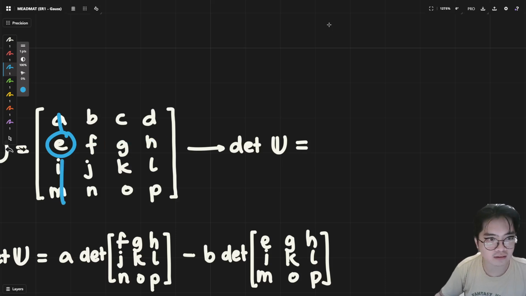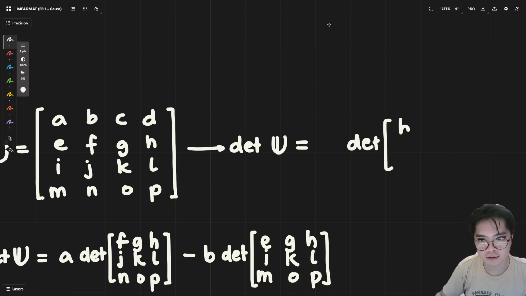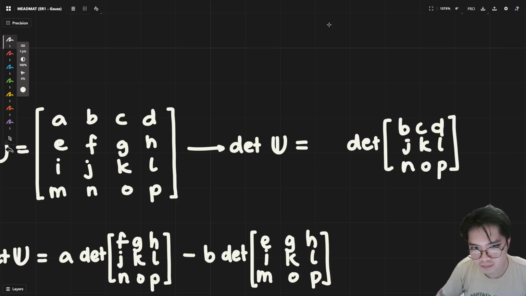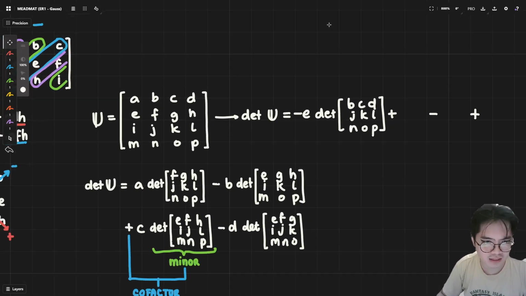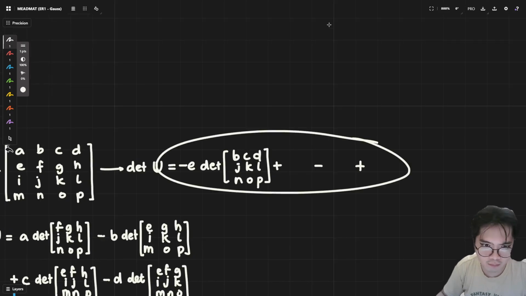We will get the determinant of BCD, JKL, and then NOP. And you might expect that this is just E, but it's not. It's negative. And now, for some reason, the pattern is negative, positive, negative, positive. So what gives? What makes this thing positive, negative, positive, negative, and this thing negative, positive, negative, positive?